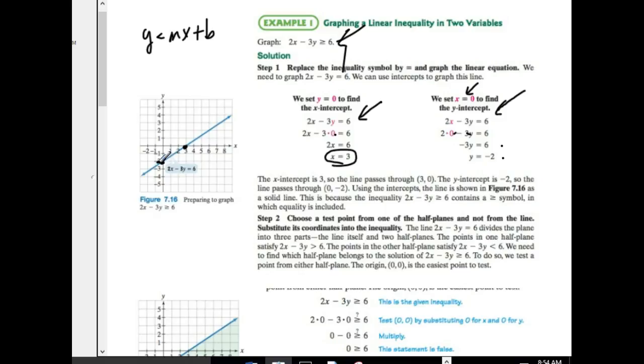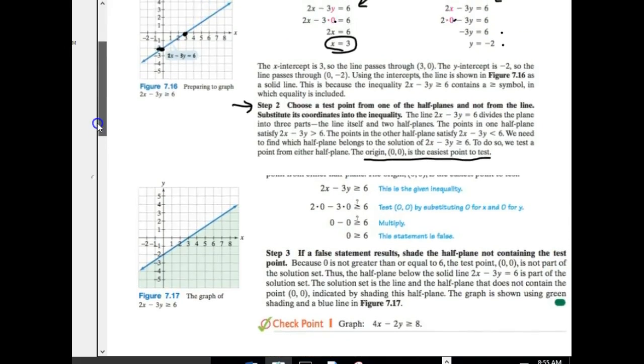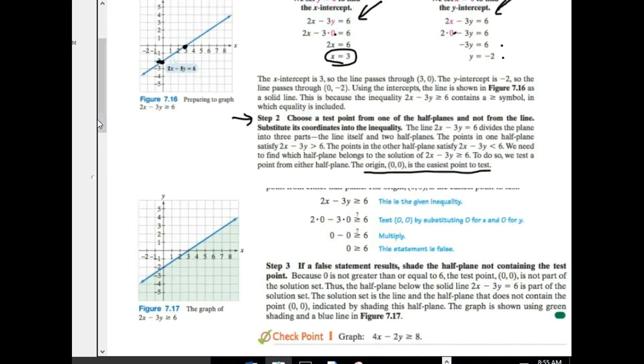And that's what step 2 is really trying to tell you to do here, is to test a point. The origin is the easiest point to test because you're plugging in zeros, and that's the one they tend to use a lot. So that's what this next part is right here.